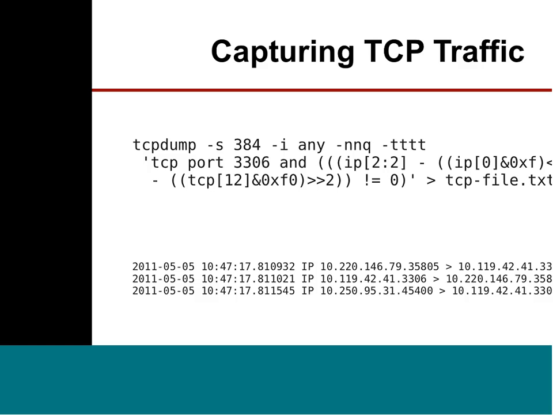The second line shows the response back from port 3306 on that .41 IP address. So that's MySQL responding, sending a packet back to 10.220.146.79, port 35805. So the second line is a packet sent in response to the first line.